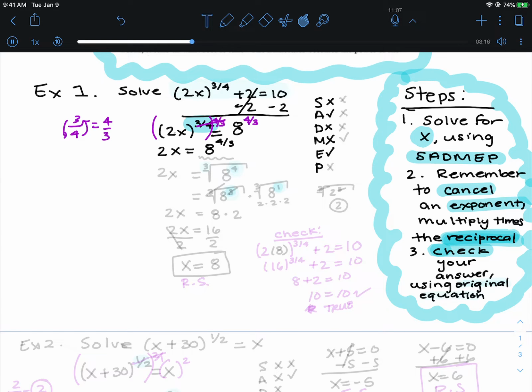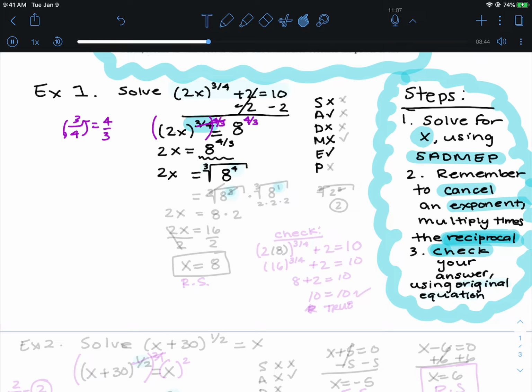Now here, you may not know what 8 to the power of 4/3 is, but you can convert it to radical form, which means the denominator is the index. So that means I'm going to have the cube root of 8 to the power of 4. I'm not going to try to multiply 8 four times because that's just too much.